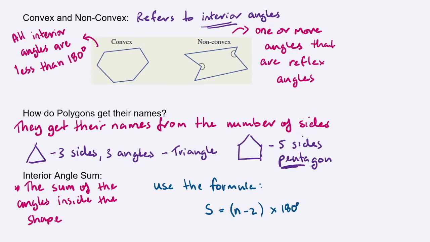Okay, so n minus 2 times 180 degrees. And S represents our sum, and n is the number of sides. So that's our interior angle sum.